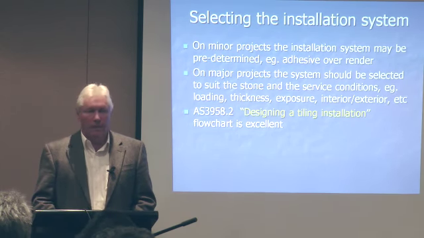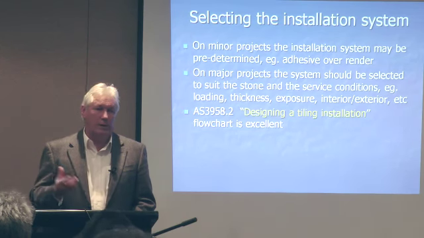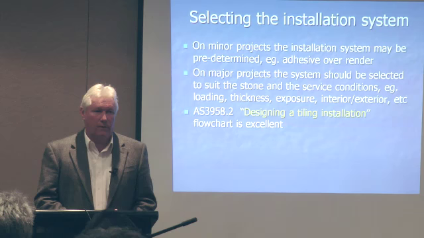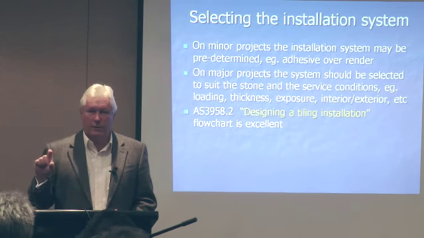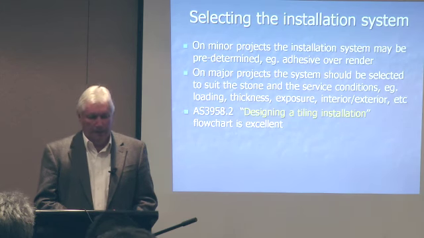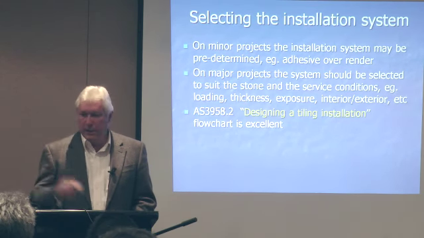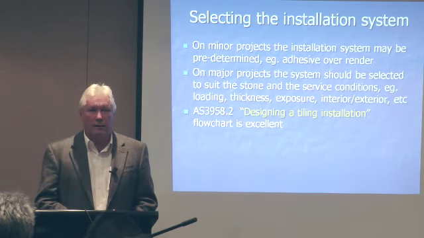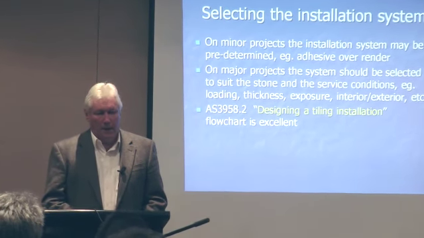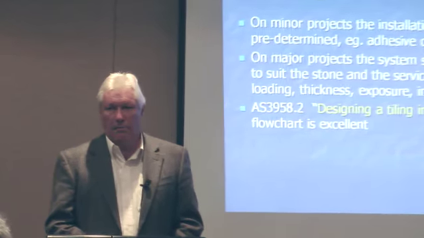On simple projects, you can turn around and say, well, the walls are rendered and we're just going to stick the tile on. Well, that's fine. The choice of your installation system is probably going to be quite simple. But on your sheets there is a handout which comes from a rather old standard, I think a very good standard, AS 3958 Part 2.